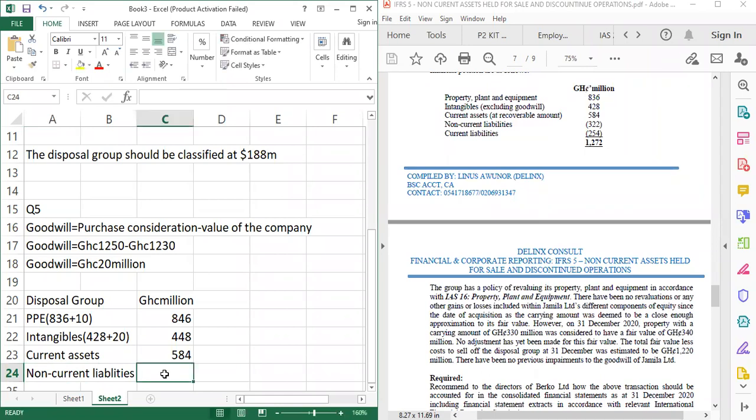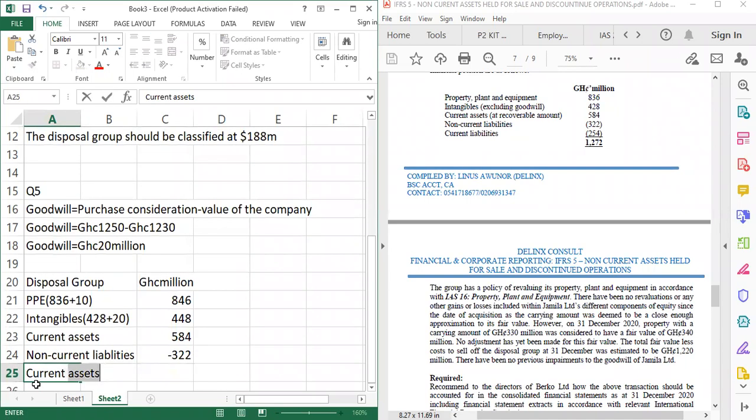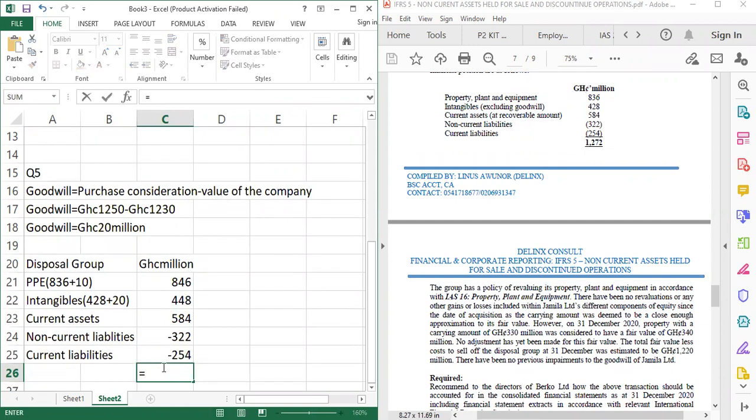Non-current liabilities will be the same value, 322 in brackets. Then we come to current liabilities. There is 254 in brackets.